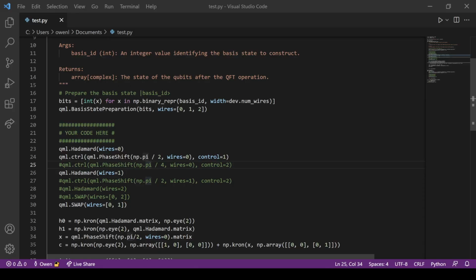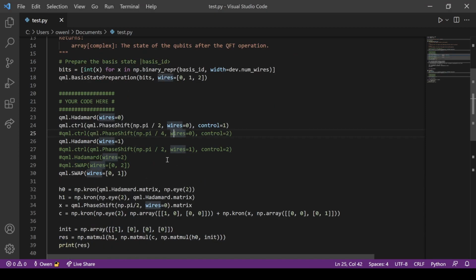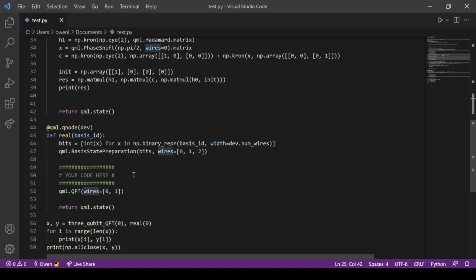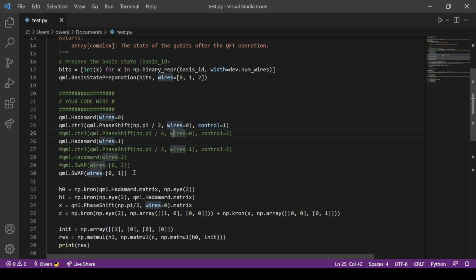So let me go over here. So what we have here is, okay, here we are. I've taken the 2-qubit example, and I've said, okay, we're comparing it to the real one, which we just did. And then I'm saying, okay, take the Hadamard, right? We get the matrix. We're just doing the Kronecker product.